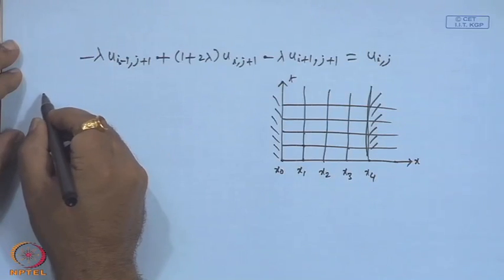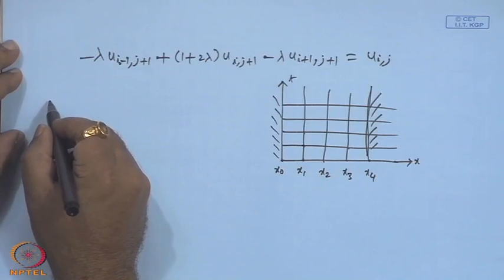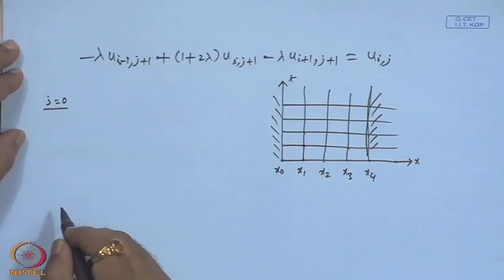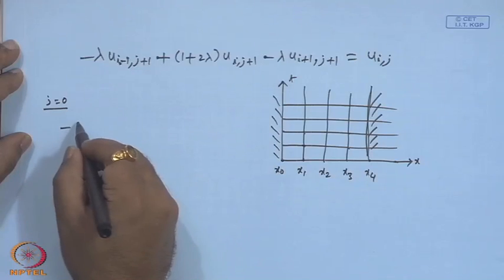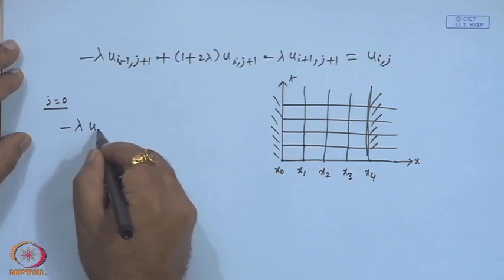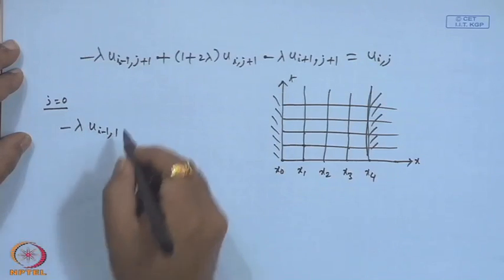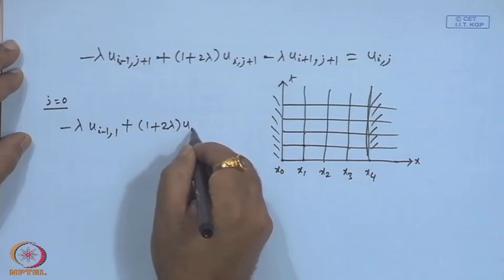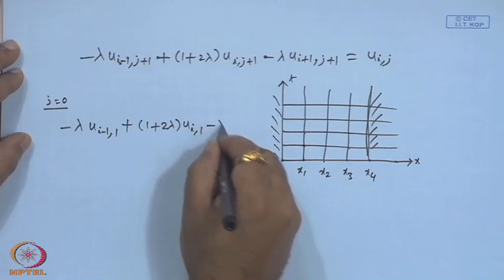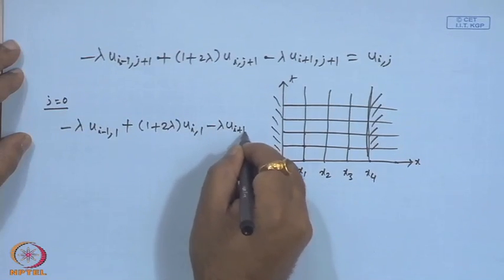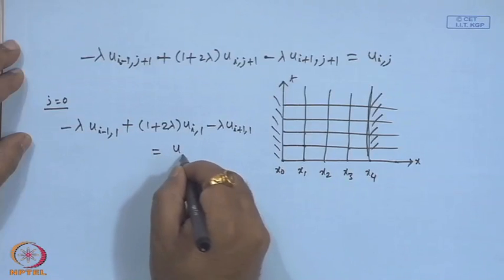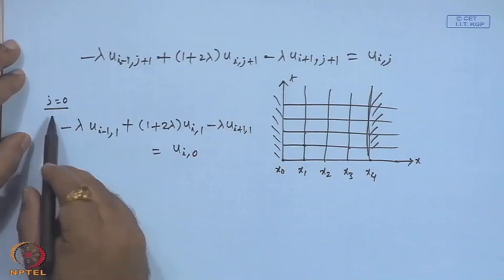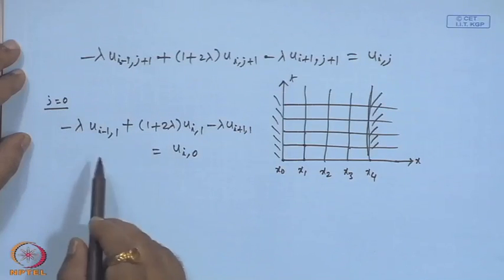Now let us run the solution, considering j equals 0. So, this is our equation if you consider j is 0.